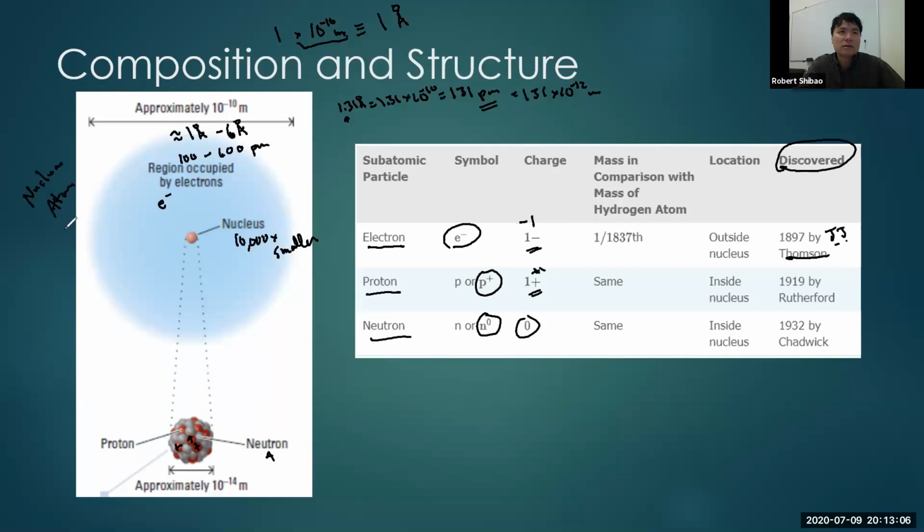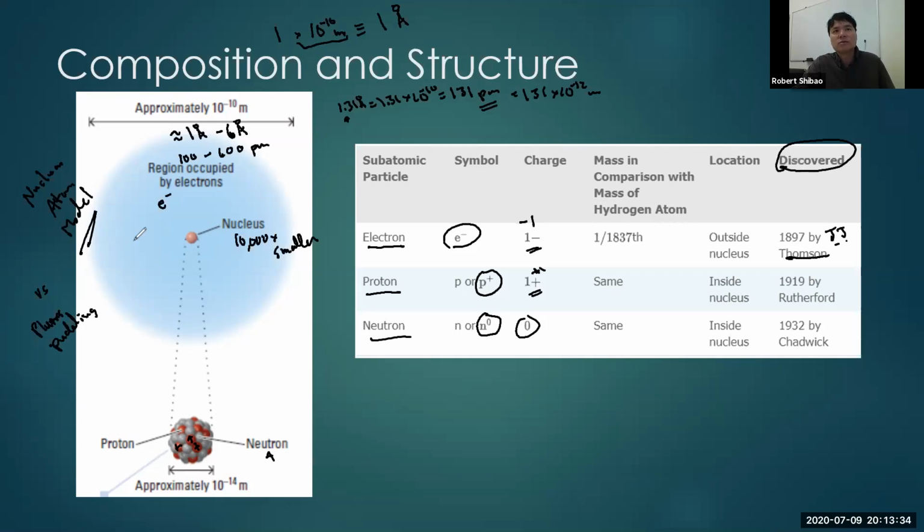What observations led to the nuclear atom model? There are two hypotheses about this: the nuclear atom versus the plum pudding model. The plum pudding model was more homogeneous. In the plum pudding model, everything was distributed evenly in the atom.